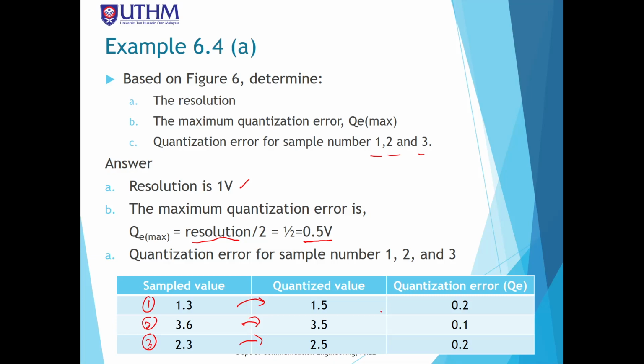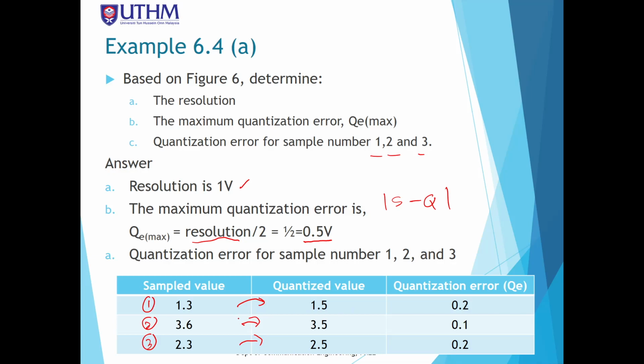Okay, so the error, if you see from here, the error would be the difference between the sample value and the quantization value, so modulus of sample value minus quantization value.